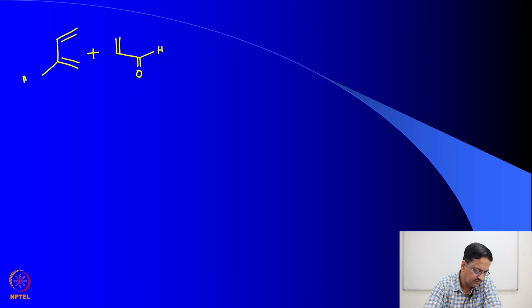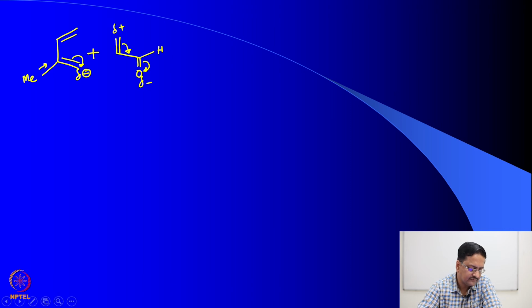So, this methyl group is electron donating. So, when it pushes electron, the double bond here sort of tries to break and form a delta positive, a delta negative charge on that carbon, and this carbonyl group is electron withdrawing group. So, it pulls the electron and makes a delta negative here and delta positive at that end.